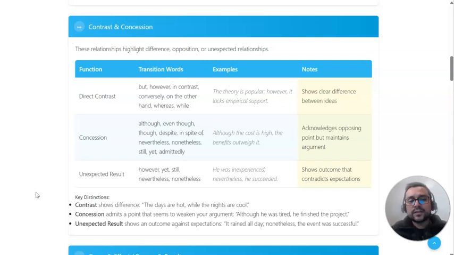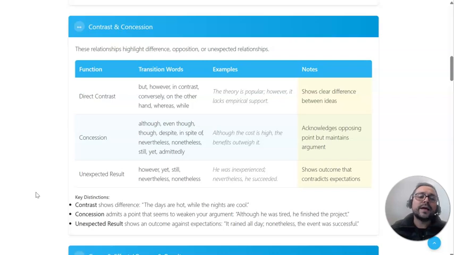The second function is concession with transition words like although, even though, despite, in spite of, nevertheless, nonetheless, still, yet, admittedly. For instance, although the cost is high, the benefits outweigh it. This acknowledges an opposing point but maintains the argument.